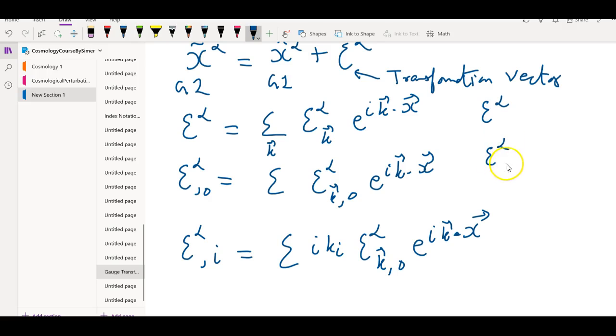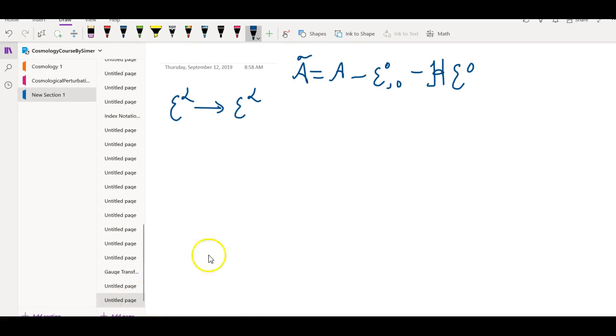Here we have xi alpha 0 in k space, and here we have i ki xi alpha. These are the values in the k space.